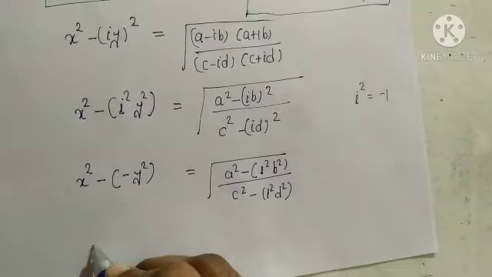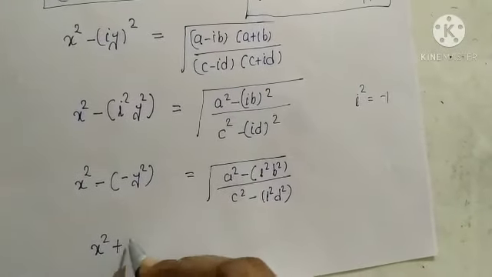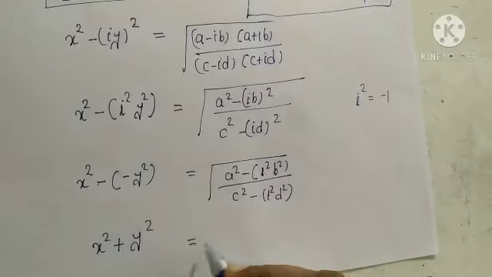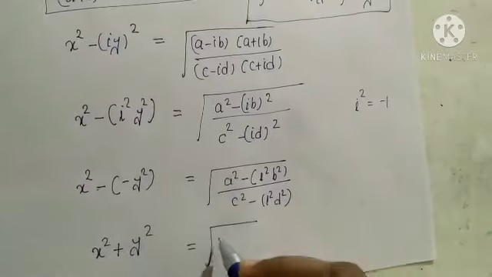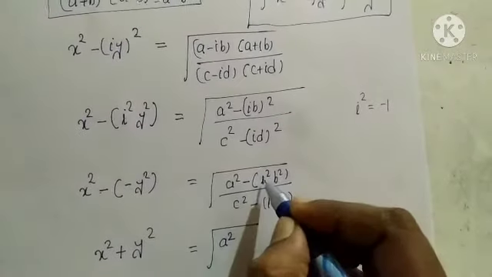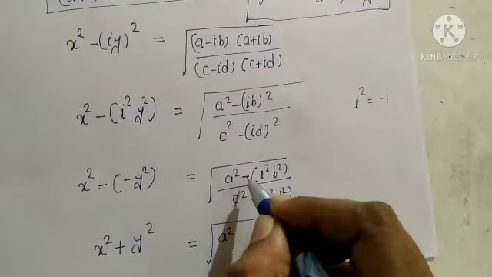On LHS it will become x square plus minus of minus will be plus y square equal to root of a square into i square value is minus 1. So minus 1, this minus will become positive.